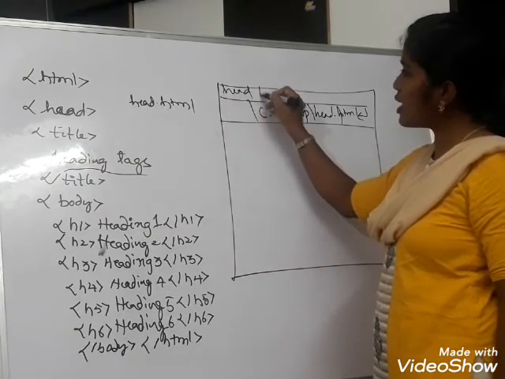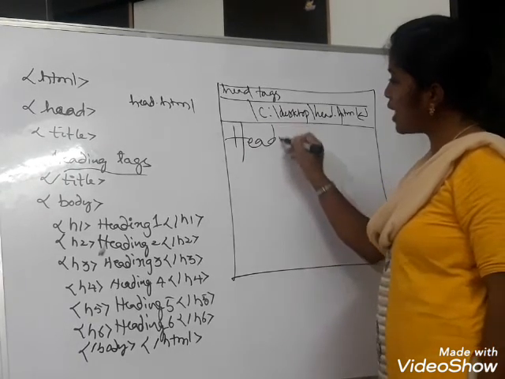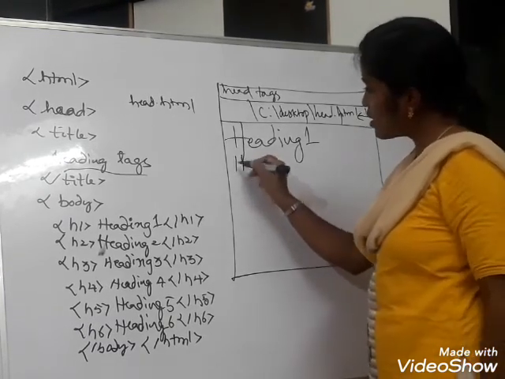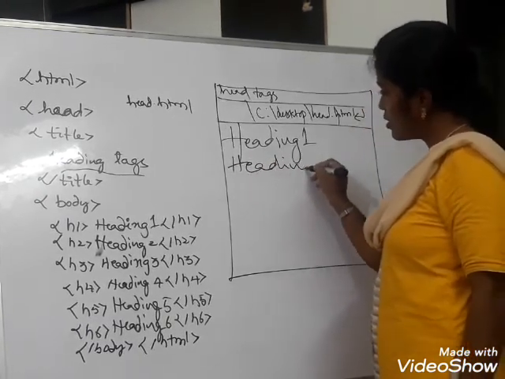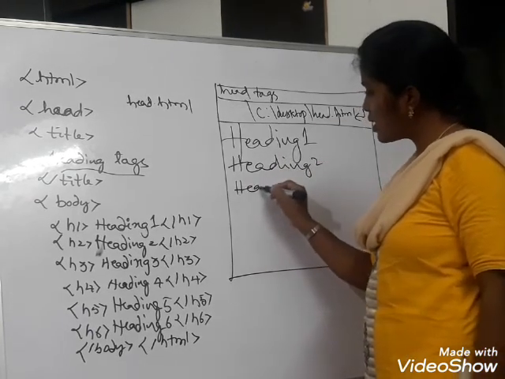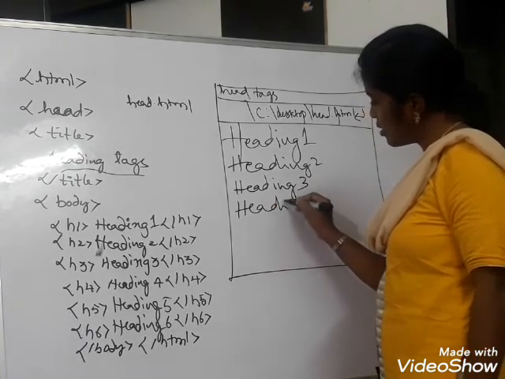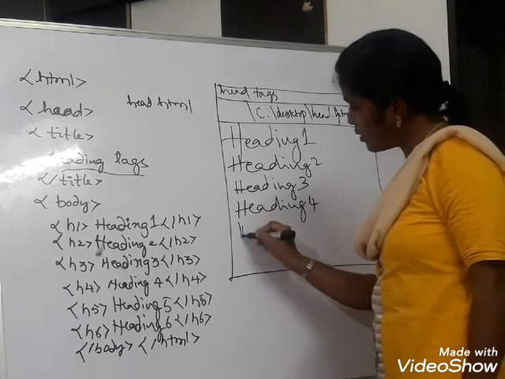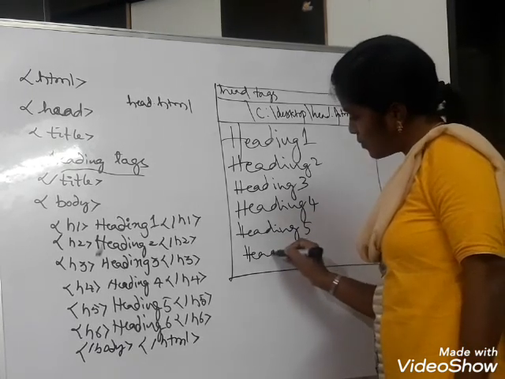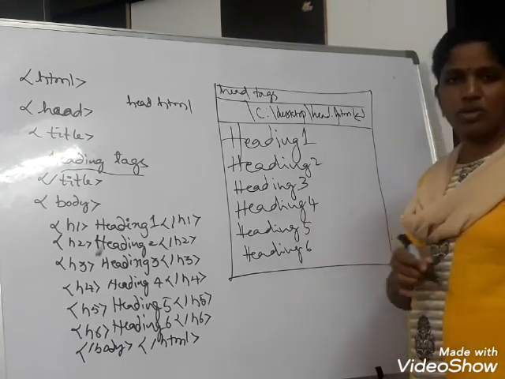So head tags here, and here you will be having heading 1, bigger font. Next, a smaller font. The font sizes are already predefined. Next, heading 3, heading 4, heading 5, heading 6. You can see the size is reduced.